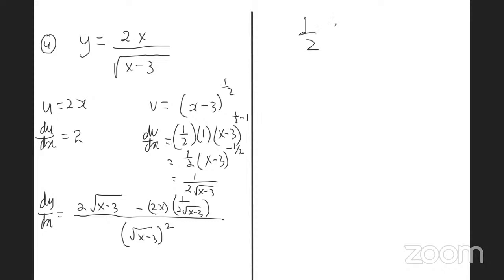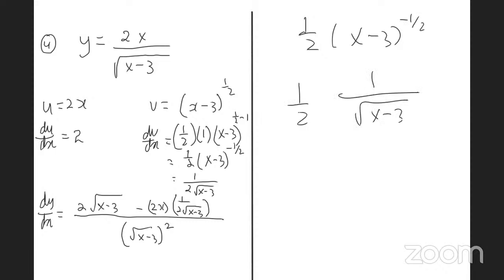I had a half by x minus 3 to the negative a half. Remember, negative means 1 over the square root, right? So I multiply a half by 1 over the square root of x minus 3, and I get 1 over 2 by the square root of x minus 3. That's okay? Anybody else confused?